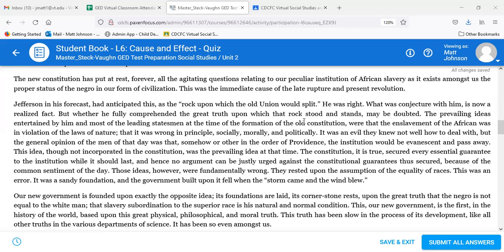The prevailing idea entertained by him and most of the leading statesmen at the time of the formation of the old constitution was that the enslavement of the African was in violation of the laws of nature.